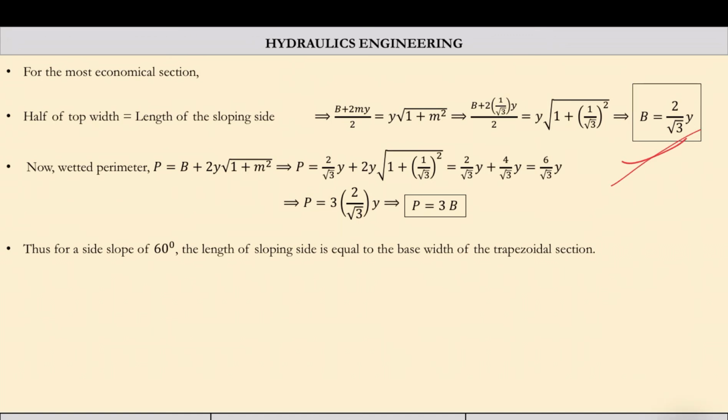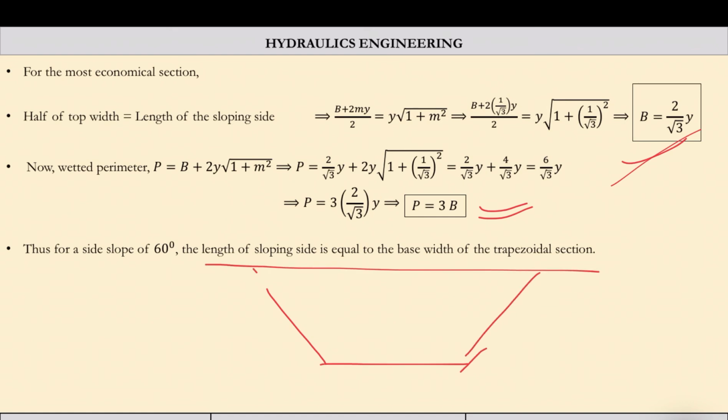From here you get base width equal to 2 by root 3 into y. Wetted perimeter you can easily get as 3 into b, and for a side slope of 60 degrees, the length of the sloping side is equal to the base width of the trapezoidal section. So the most economical trapezoidal section is half of a regular hexagon.